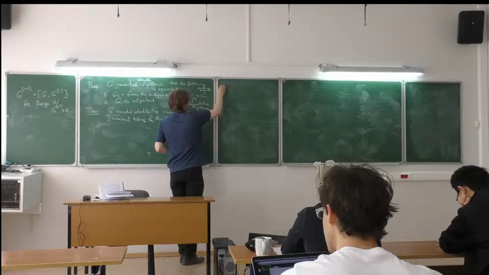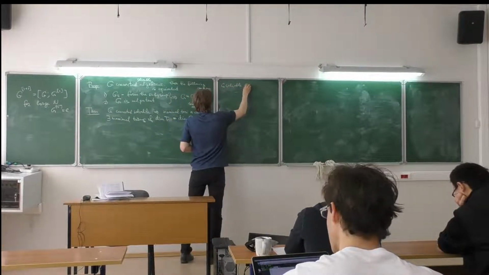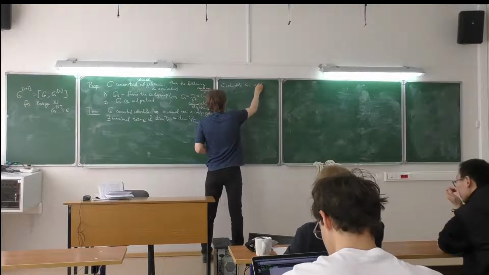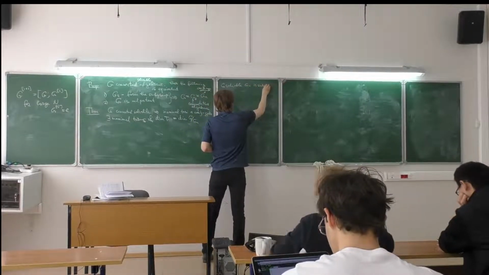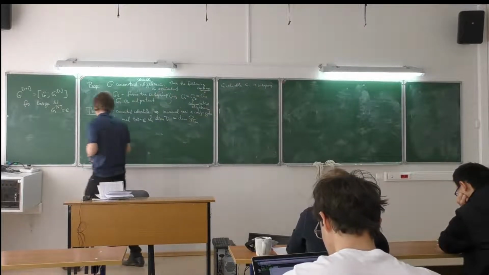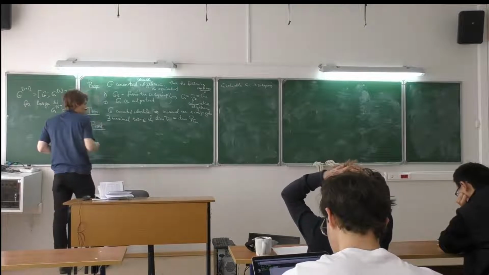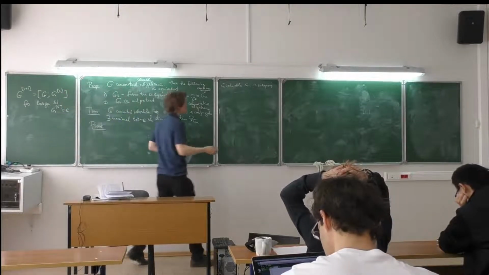So when G is solvable, GU is a subgroup. Otherwise it is not true. GU is the set of unipotent elements.